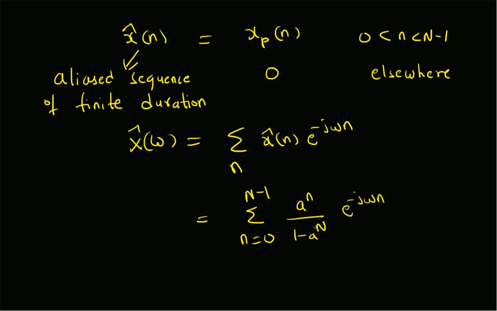And since this is a geometric series of finite duration, the value is given by 1 by 1 minus a power N, summation n equal to 0 to N minus 1, of a into e power minus j omega, whole power n. So that is a geometric series of finite duration.